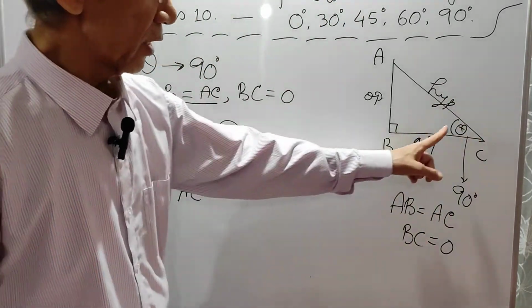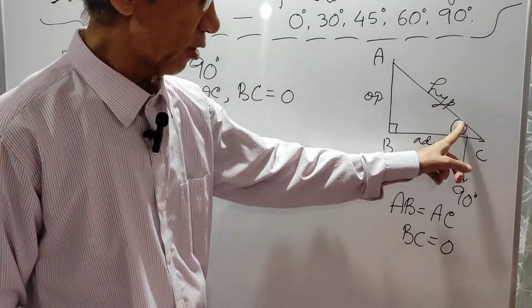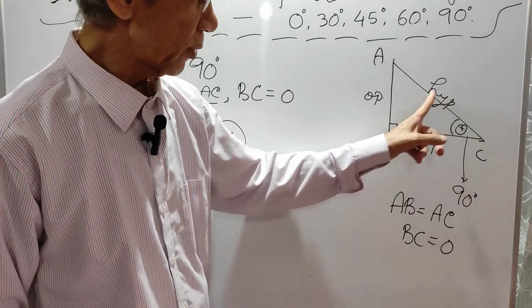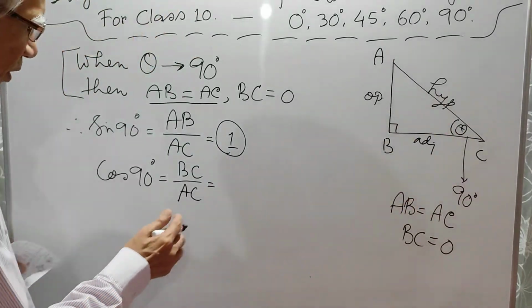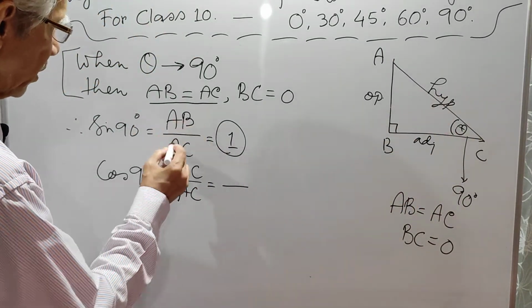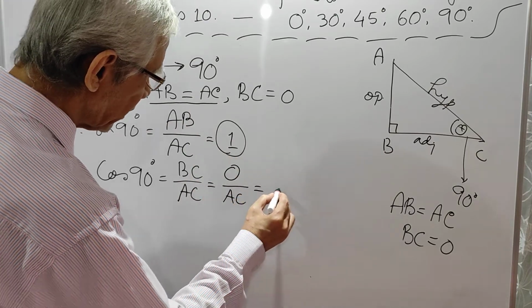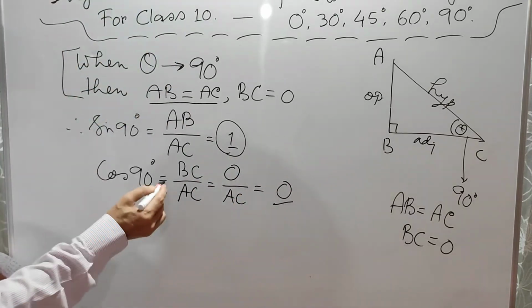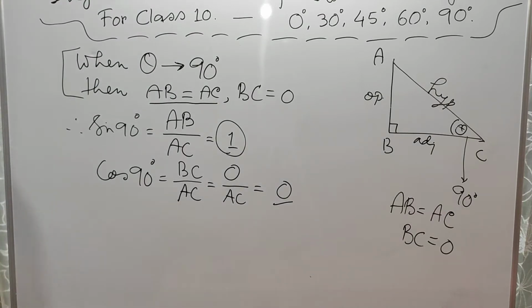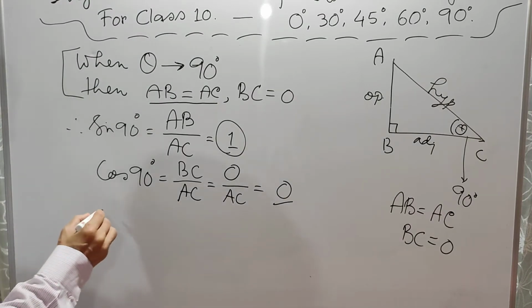Cos of 90 degrees is adjacent by hypotenuse, BC by AC. Now what is BC? BC is 0. So 0 by AC. Now 0 by anything is 0. So what is cos 90? 0.